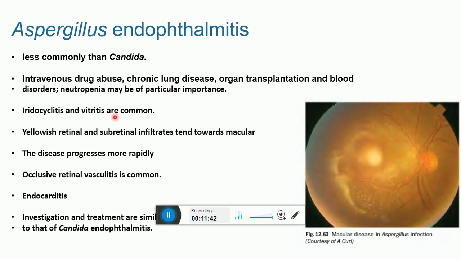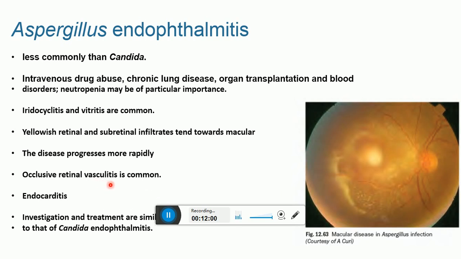Iridocyclitis and vitritis are common. Yellowish retinal and subretinal infiltrates tend toward macular involvement at an earlier stage than Candida. Disease progresses more rapidly and visual outcome is often worse. Occlusive retinal vasculitis is common.